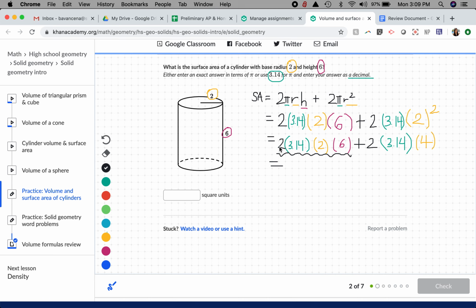2 times 3.14 is going to give us 6.28, times 2 is going to give us 12.56, times 6 will result in 75.36.